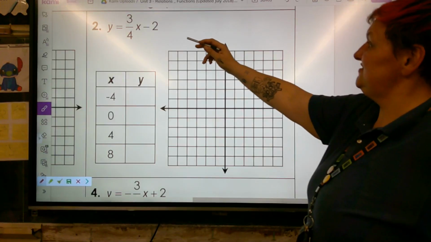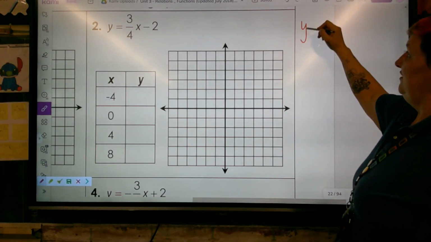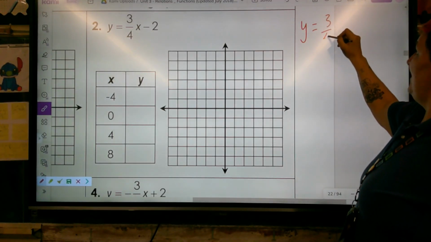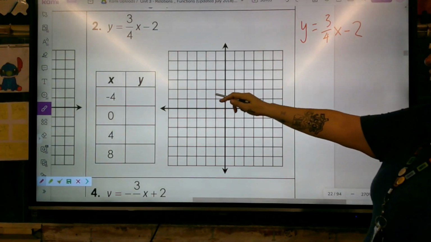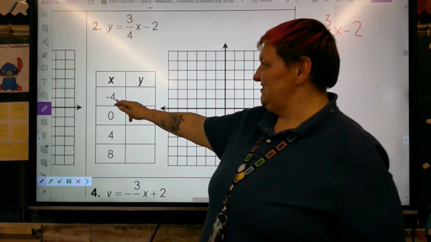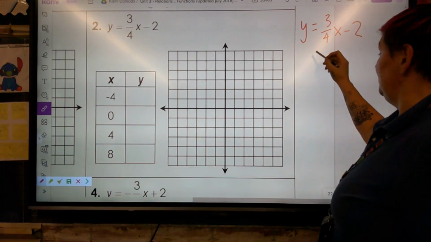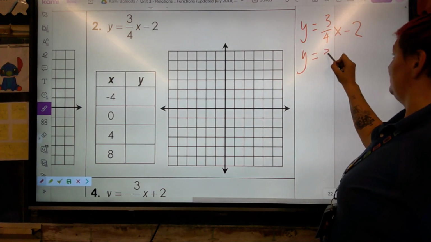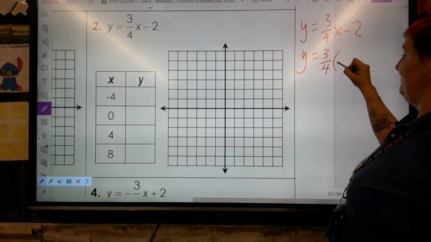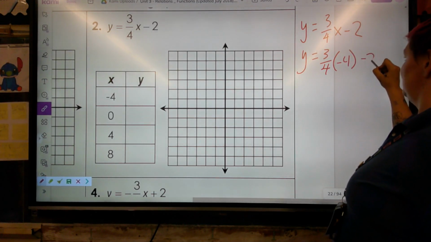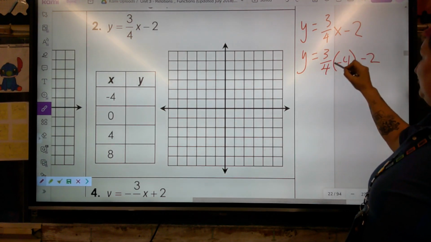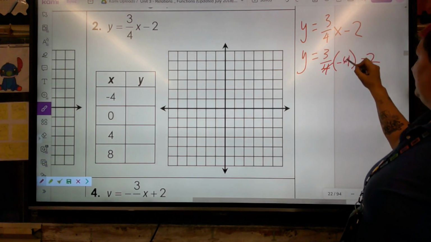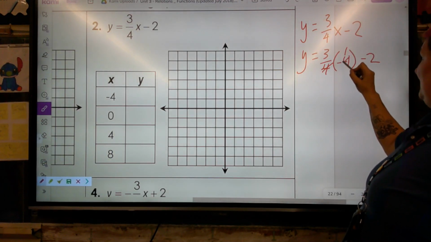Alright, so this is my function machine. y equals 3/4 x minus 2. Now I want to know what happens if x is negative 4. So I'm going to put it in there. y equals 3/4, instead of x, I'm going to put negative 4, minus 2. These simplify. 4 over 4 is 1. 3 times negative 1.